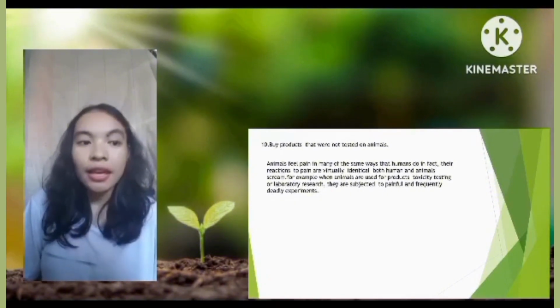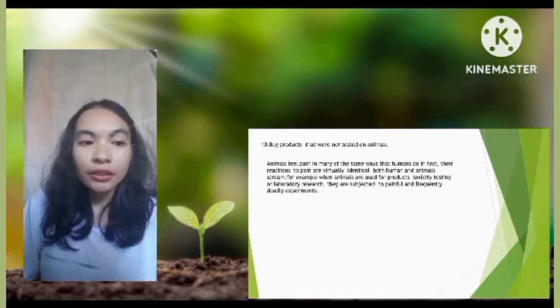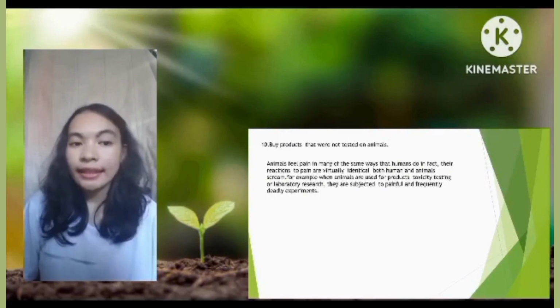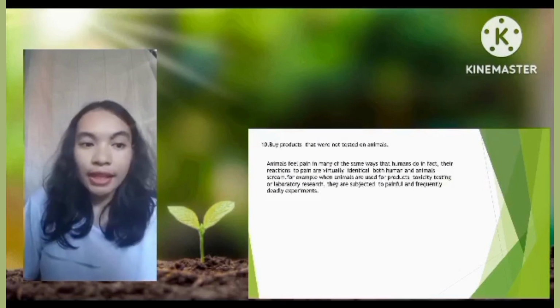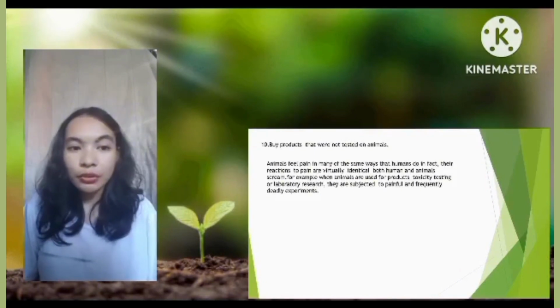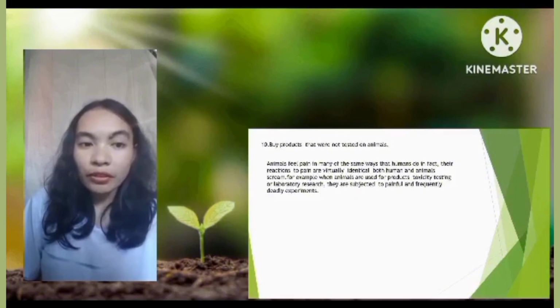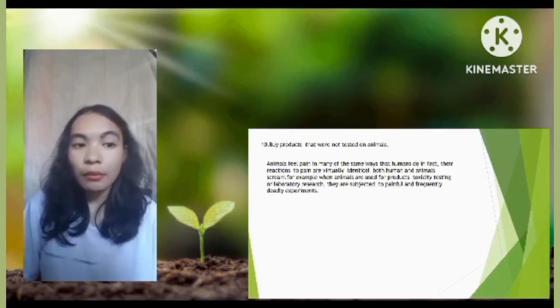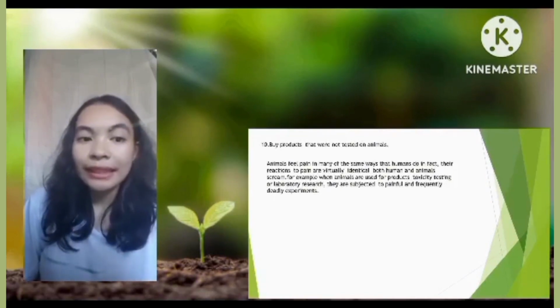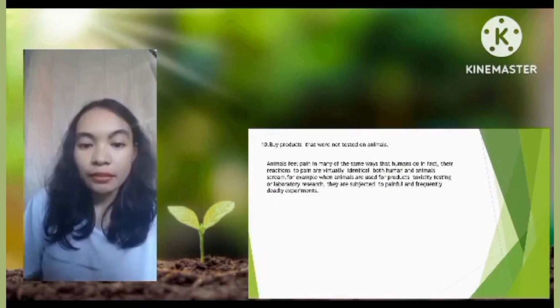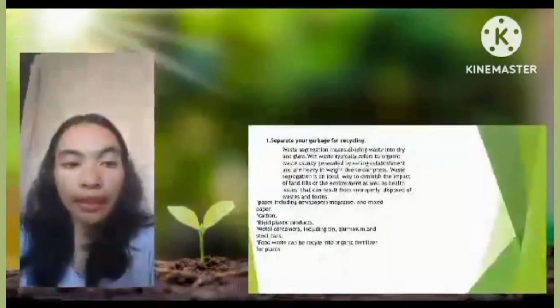Their reactions to pain are virtually identical; both humans and animals scream. For example, when animals are used for product toxicity testing or laboratory research, they are subjected to painful and frequently deadly experiments.